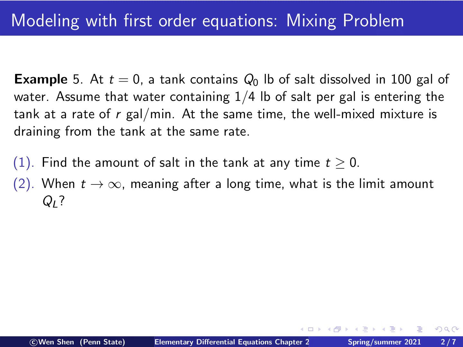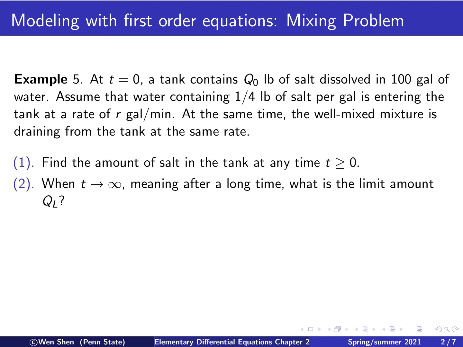Now, starting from t equals 0, we are going to pour a mixture of salt and water into the tank. The mixture we pour in will be a quarter pound of salt per gallon of water. That's the mixture. And the rate we pour in will be r gallon per minute.